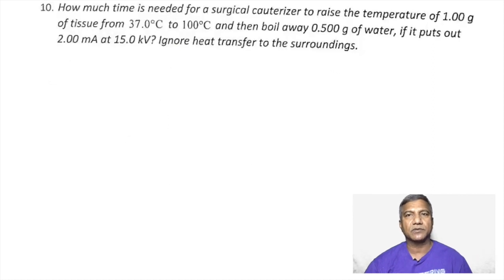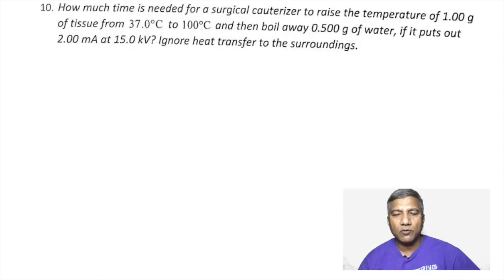Question: how much time is needed for a surgical cauterizer to raise the temperature of 1 gram of tissue from 37 degrees Celsius to 100 degrees Celsius and then boil away 0.5 grams of water if it puts out 2 milliampere at 15 kilovolts?